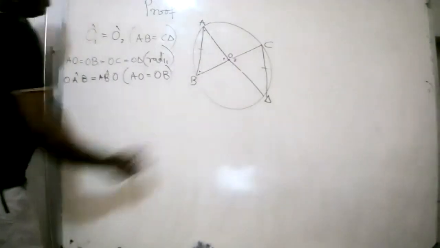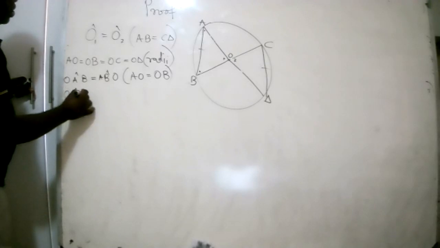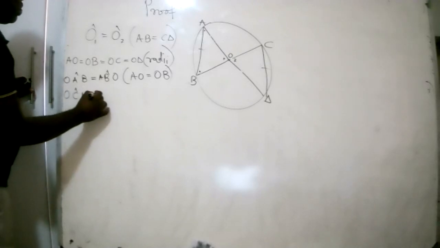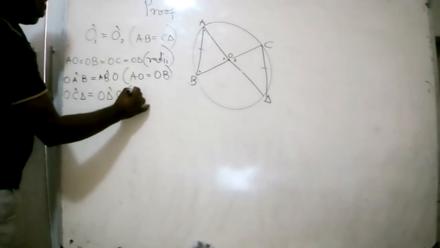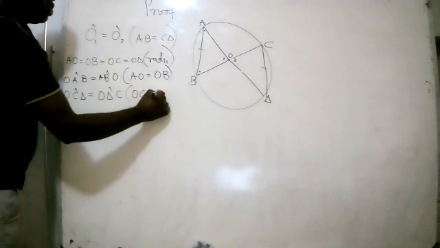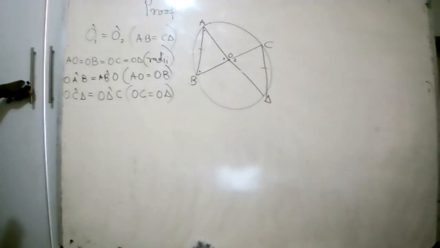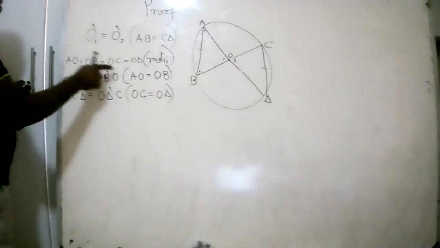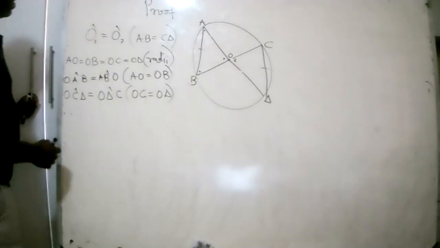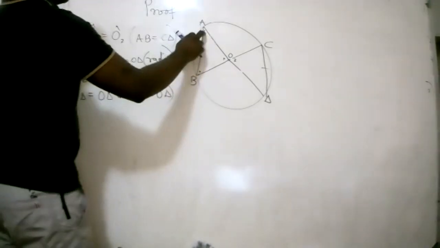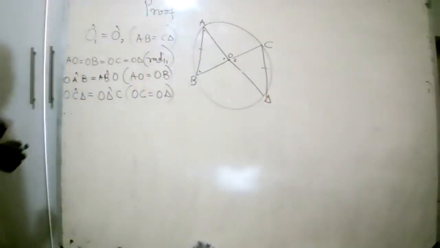And we do the same on this other triangle here: angle OCD will be equal to angle ODC. Why? These are equal because OC is equal to OD. And because these are equal, this angle will be equal to that angle, and to that angle.